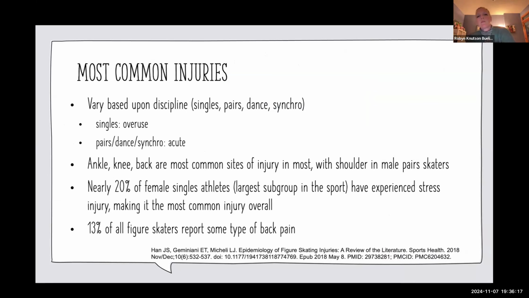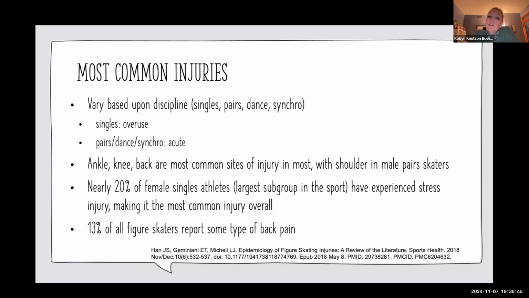The singles athletes, both the men and the women, tend to have more overuse injuries. The athletes who skate non-singles, so pairs or ice dance or synchronized skating, which is like a team situation, tend to be more likely to have an acute injury, to fall and break a bone, to have someone's blade cut them open, or something of that nature.